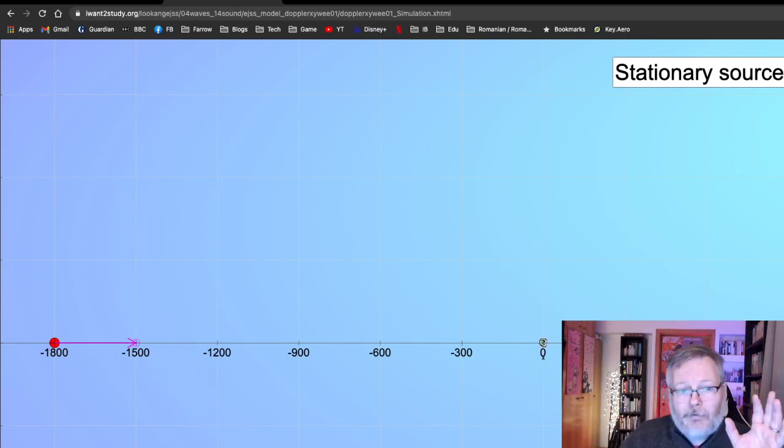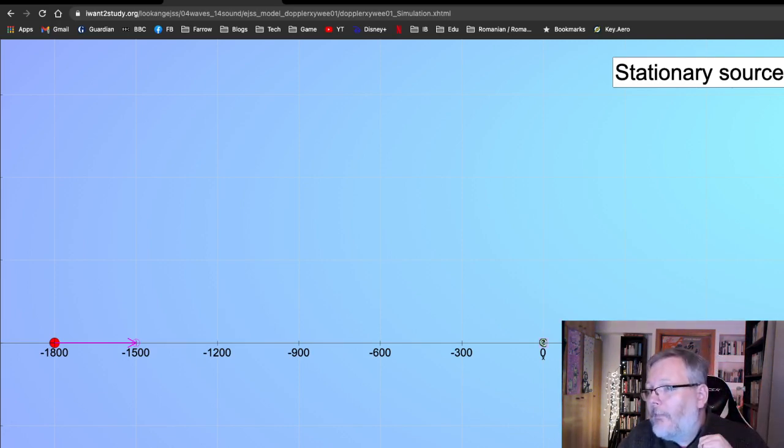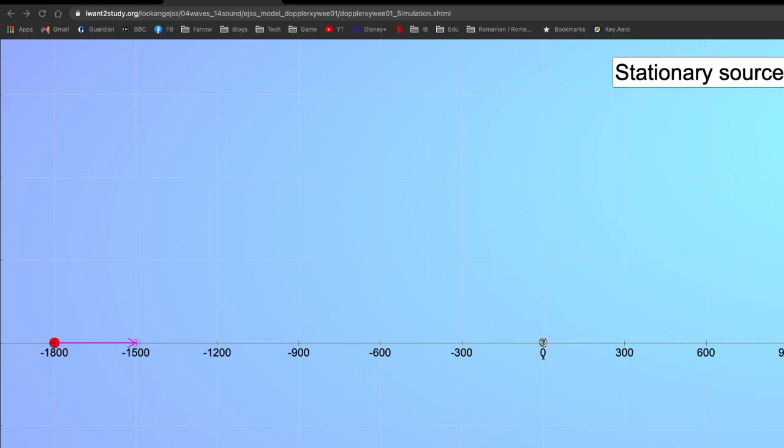Here we have at the bottom of the screen there a source of waves, and in the middle, or just to the left of my little picture there, in fact, let me take me out of the picture. There you go. So we can see a little ear thing, which indicates the observer.